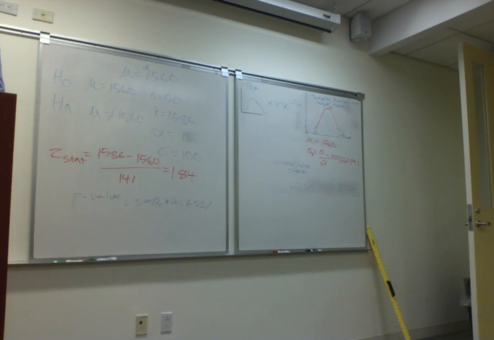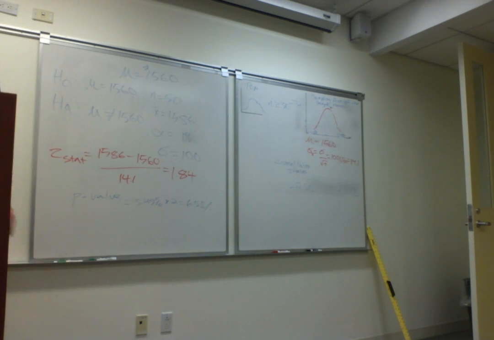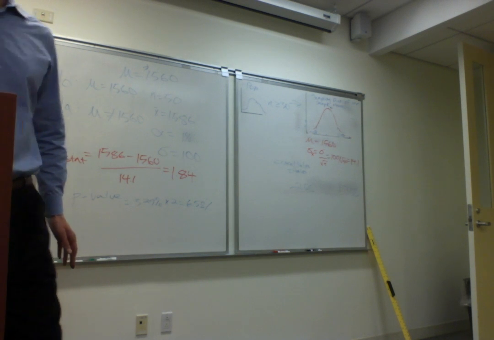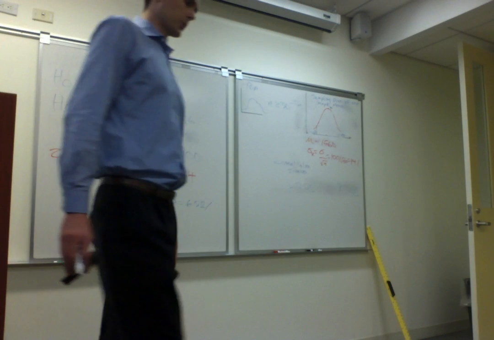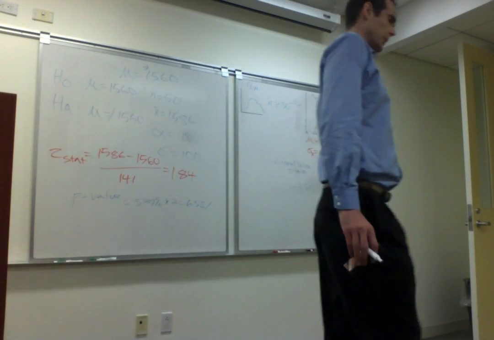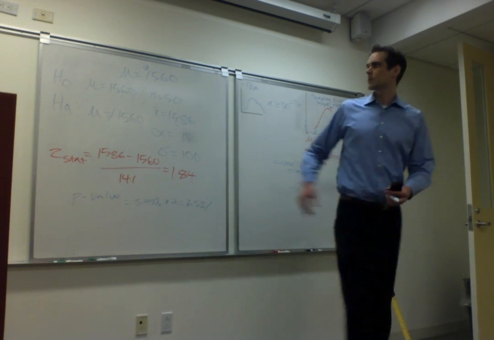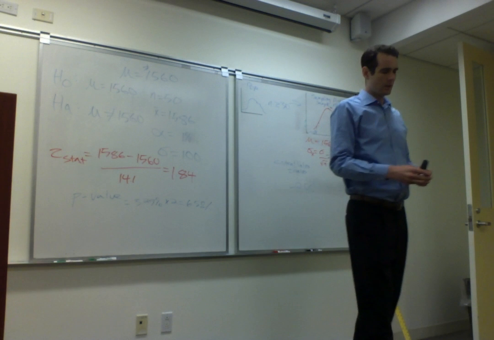So we're going to stay with this example, kind of, but we're going to look at it a slightly different way. We're going to say, gosh, Ms. Realtor, you told us that the mean rent for one bedroom in St. Louis was $1,560.